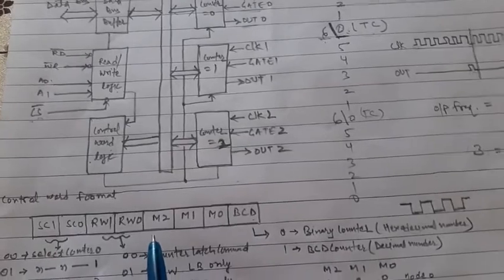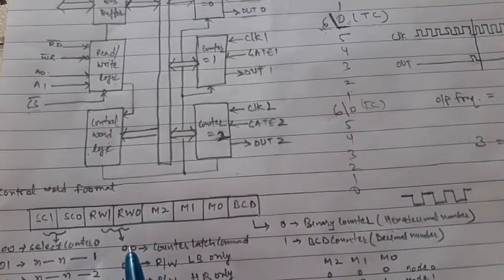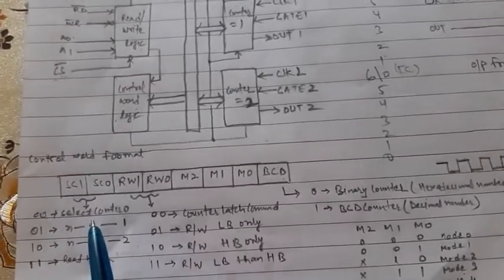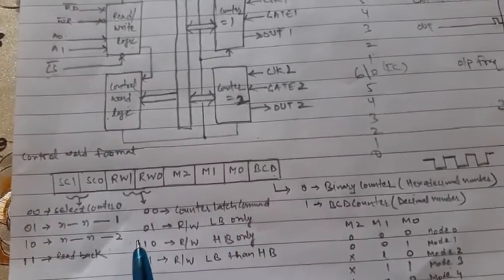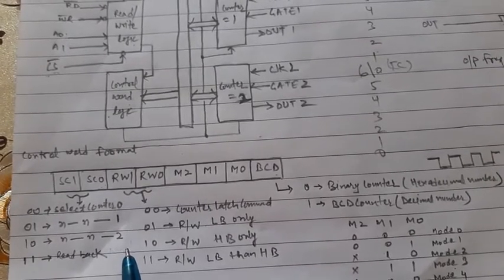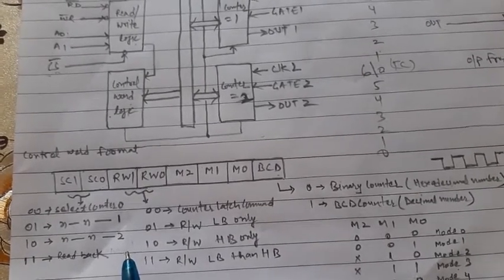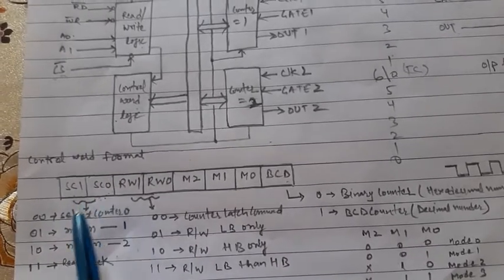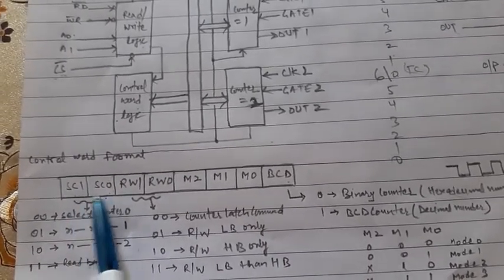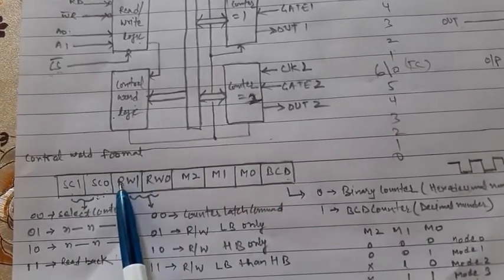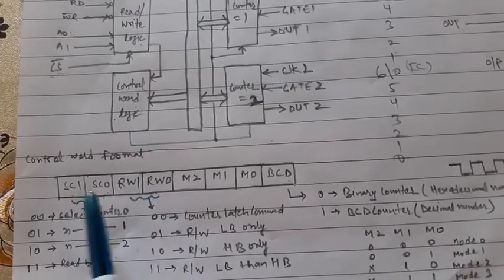If we keep these bits 0 0, that will select counter 0, and whatever values of remaining bits we keep will be applicable to counter 0 only.